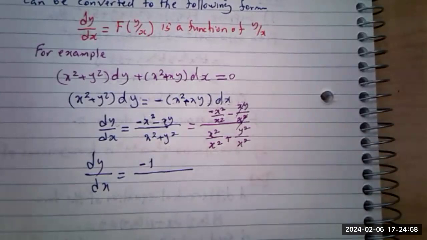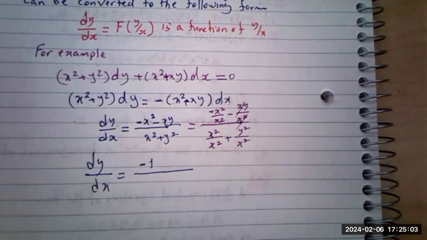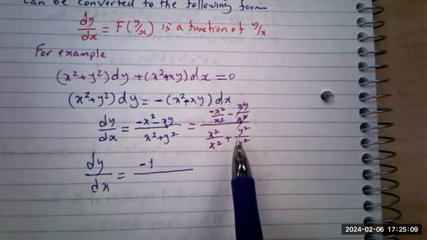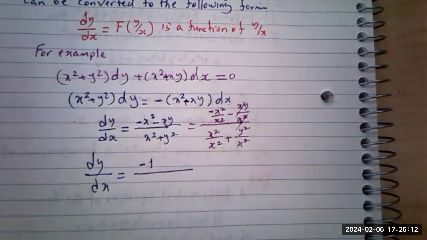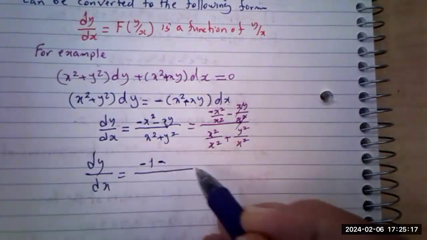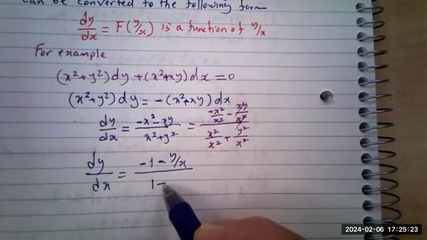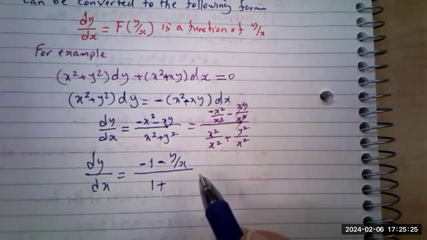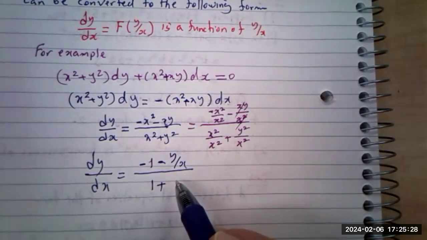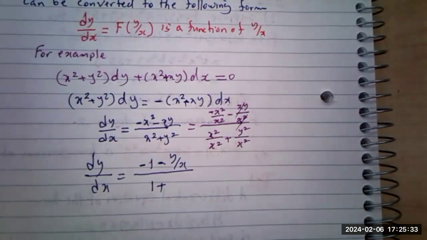So on the top this is going to be minus 1 minus y over x, because I divided by x squared. Let me rewrite it. Minus y over x, and the bottom one would be 1 plus y over x all squared. I made a mistake earlier; it should be plus y over x.